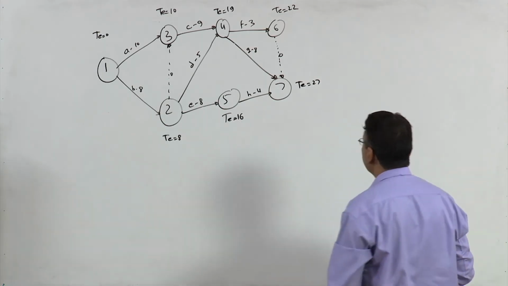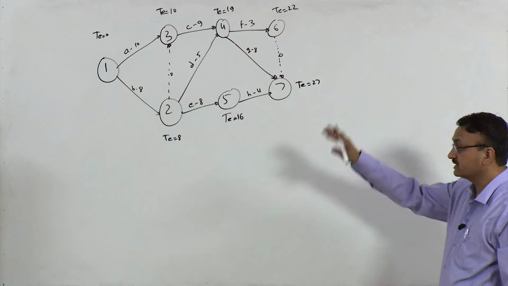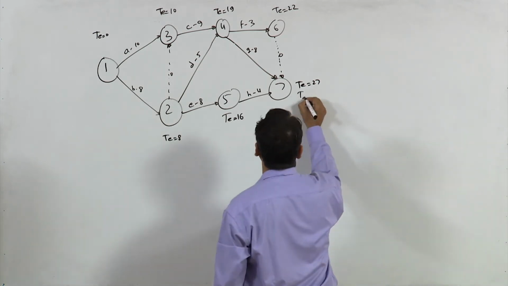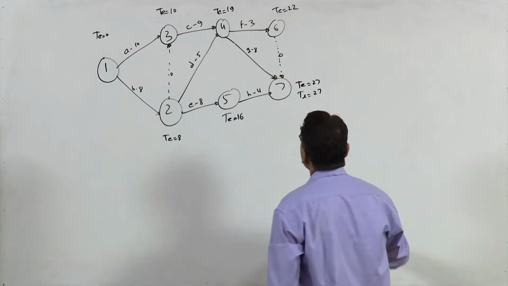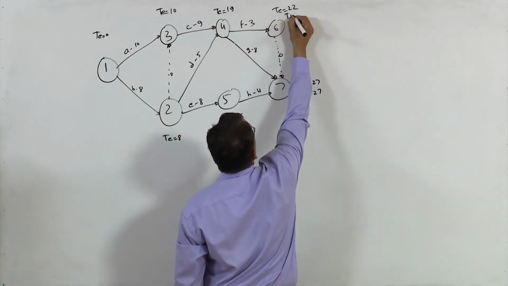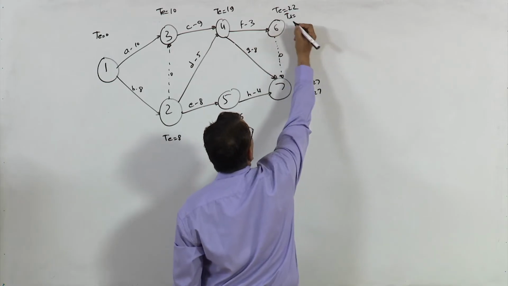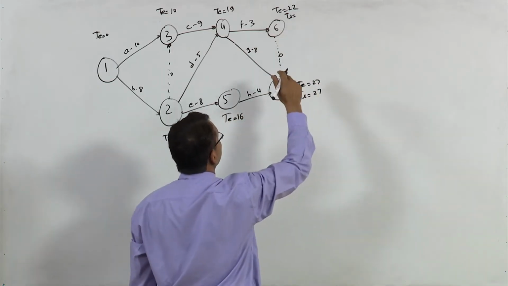Now after calculating all these TE's, let us calculate TL's. TL at the last node is 27, right.